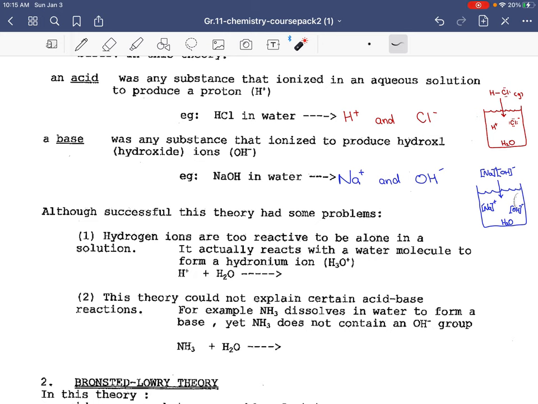So, seeing the fact that there's lots of H plus in a solution of HCl is actually not entirely correct. This is not something Arrhenius discovered. But it's obviously something that you will learn very soon, that H plus, because it's so unstable, will actually react with water to form H3O plus. Now, I will show you exactly how that works later when we look at the next theory.